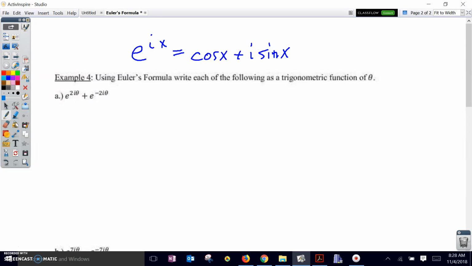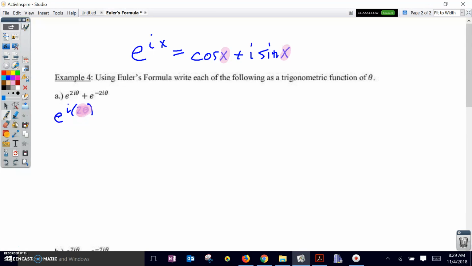We first look here at e to the 2i theta and realize that we can write this as e to the i times 2 theta. And what that means then is we're just going to take 2 theta and put that in this Euler's formula everywhere where there's an x.